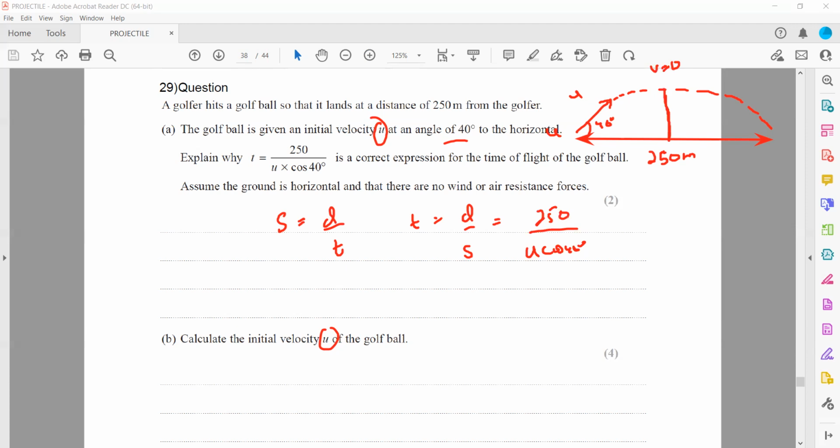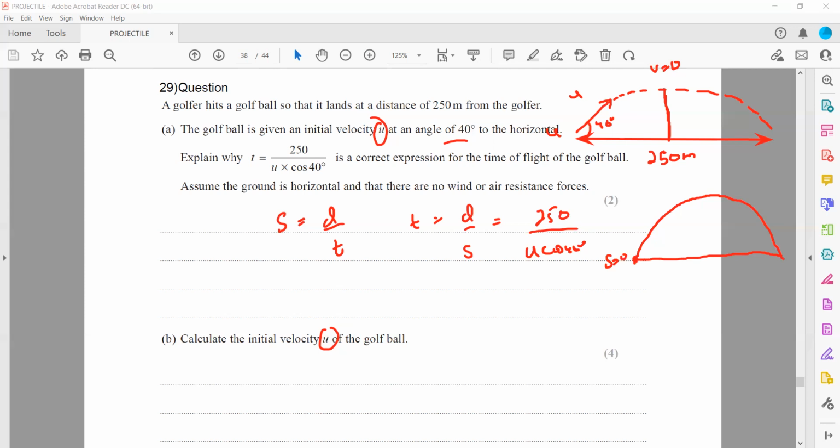Or we can also use s equals ut plus half at squared. When it is launched, it goes up, the vertical displacement increases, then it comes down, so the vertical displacement decreases, and eventually the vertical displacement is 0 because it lands at the same position.